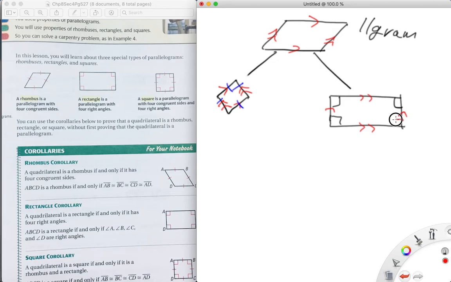However, what separates this from a regular old parallelogram is that it's a parallelogram with 4 90-degree angles. So this is a rhombus. This is a rectangle.